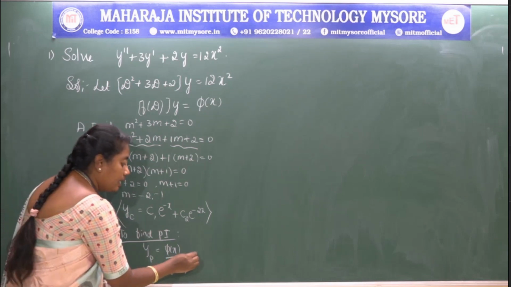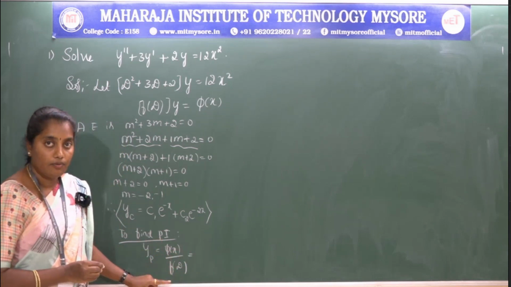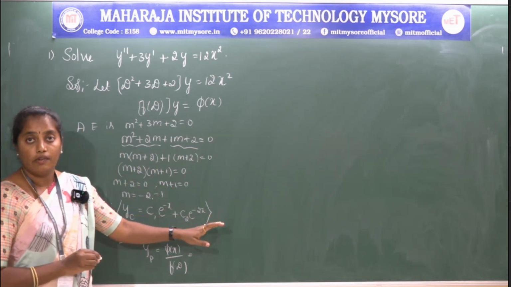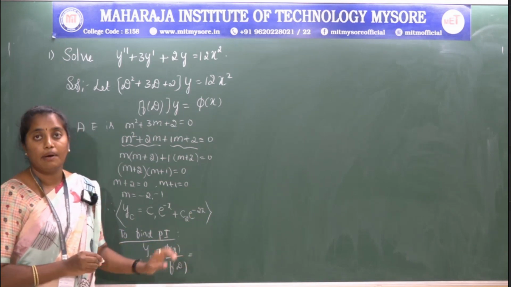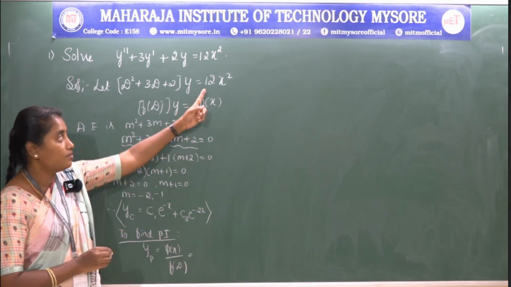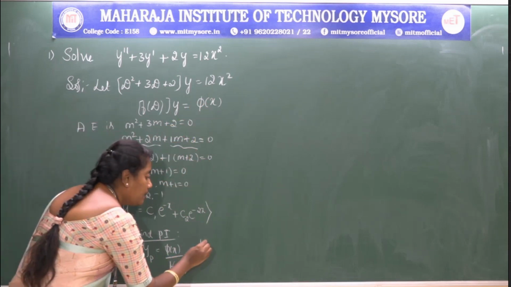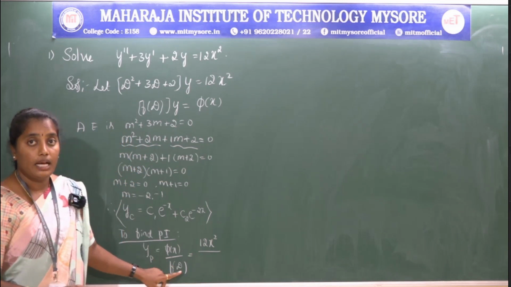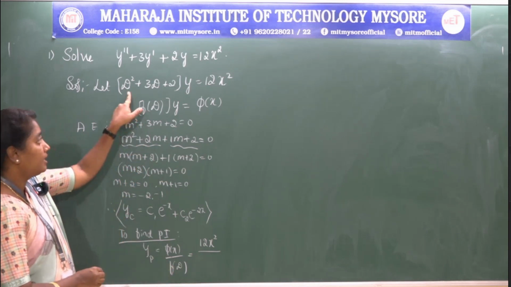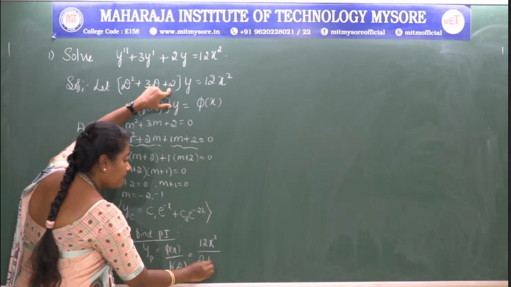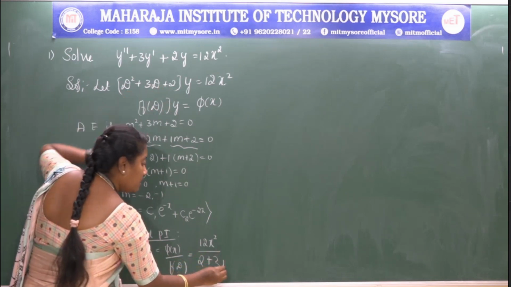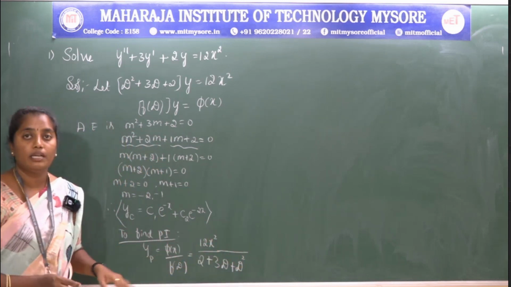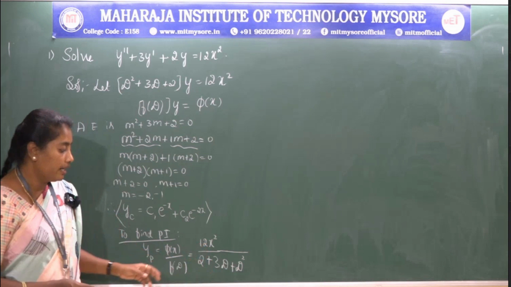We have to divide phi of x by f of D by writing phi of x in descending powers of x and f of D in ascending powers of D. For phi of x we have only a single element, that is 12x square. Writing f of D in ascending powers of D, we get 2 plus 3D plus D square.